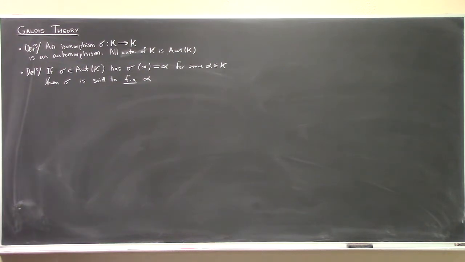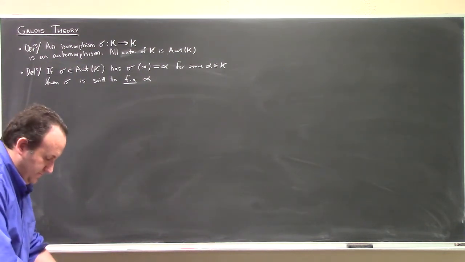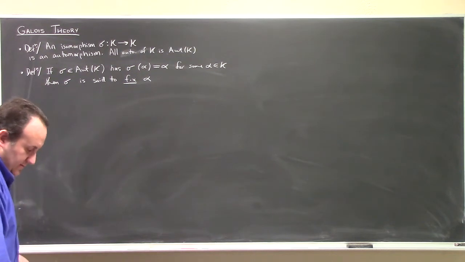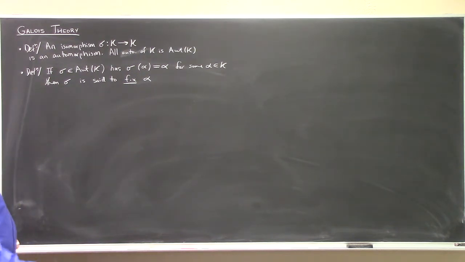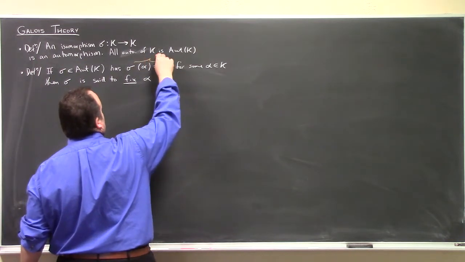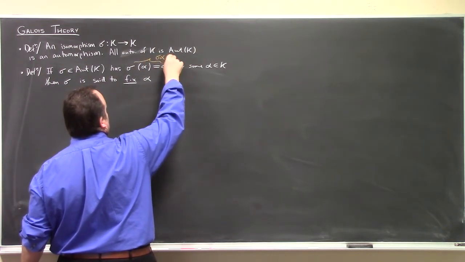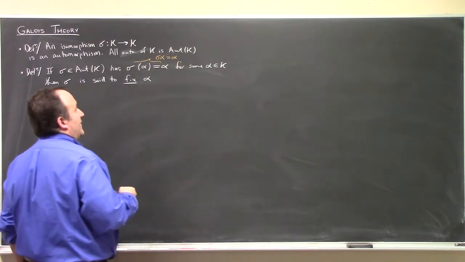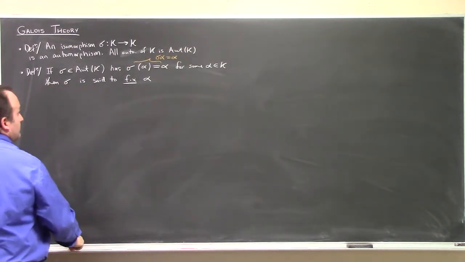And by the way, he doesn't always write the parentheses. So sometimes this will instead just be written sigma alpha equal to alpha. So just forego the parentheses at times.